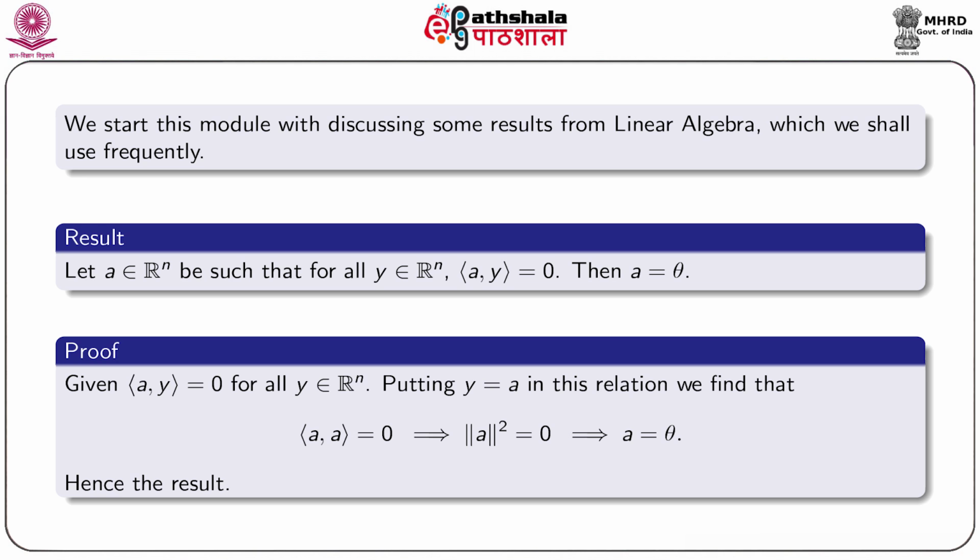We start this module by discussing certain results from linear algebra which we shall frequently use. First result. Let A be a vector in Rn such that for every choice of y in Rn, inner product of A and y is 0. Our claim is that A is nothing but the 0 vector.